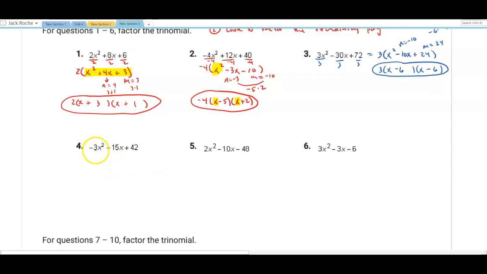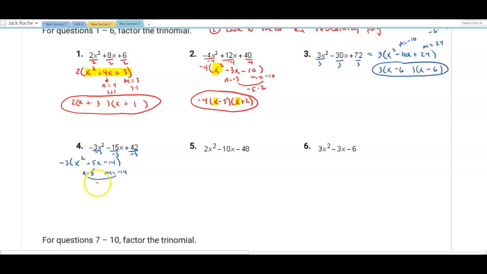The next one, out of all of these, I can factor out a negative 3. When I divide these all by negative 3, I end up with x squared plus 5x. Then 42 divided by negative 3 is going to be minus 14. Are there numbers that multiply to give me negative 14 and add up to 5?